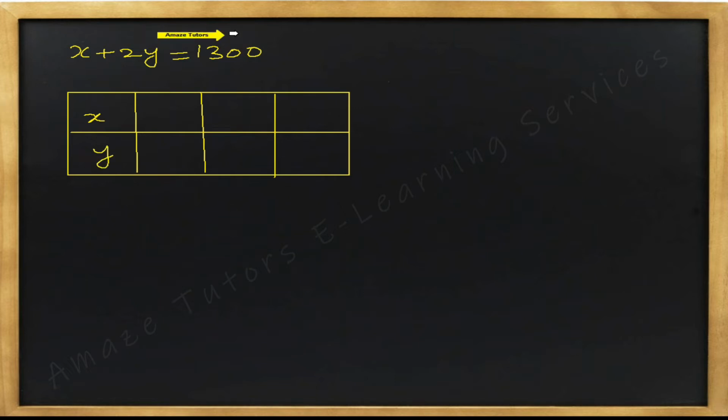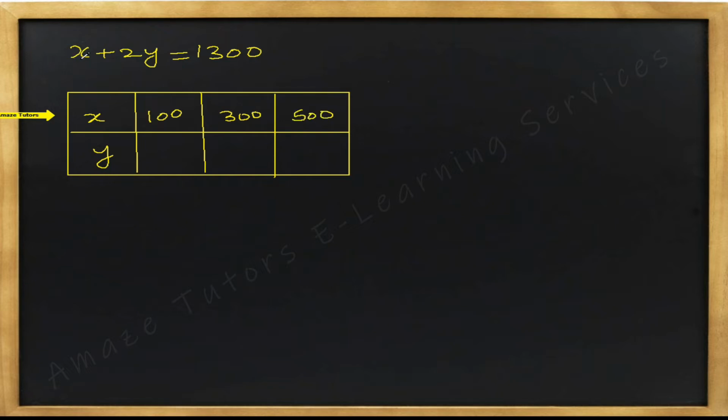Because the right side is 1300, some bigger number, I am going to take the x values in hundreds this time, so that the graphing and the calculation will be easier for us. So I am going to take 100, 300 and 500.